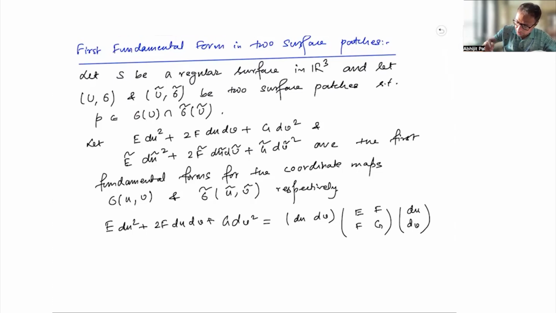And now if I take this map sigma tilde inverse composed with sigma, this is a map from W to sigma tilde inverse of W. So what is this W? Sigma is a map from this open set U to the surface.